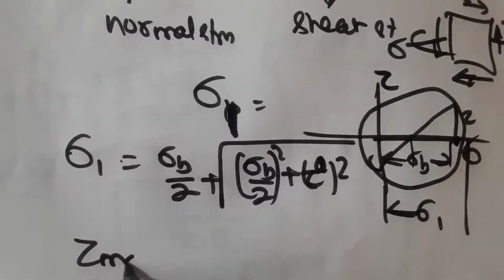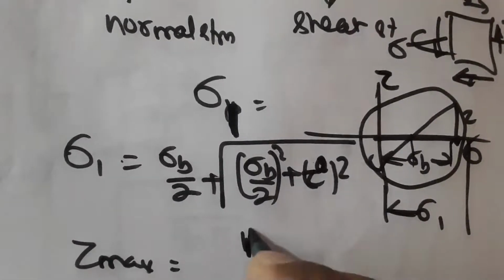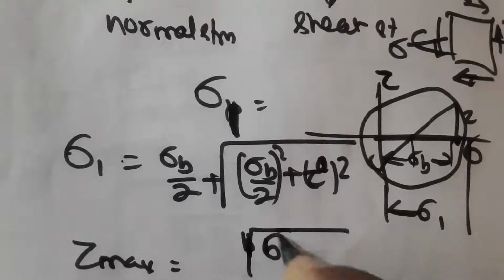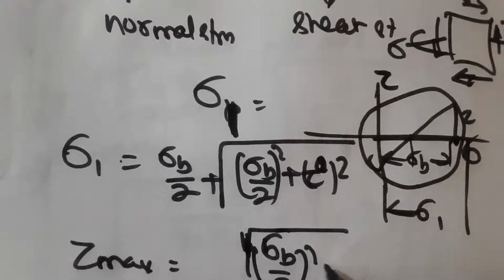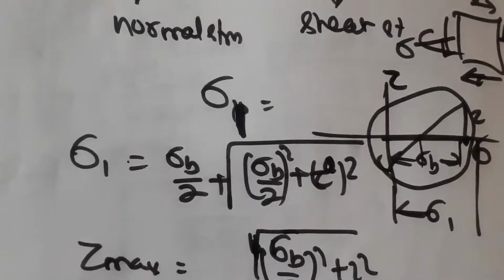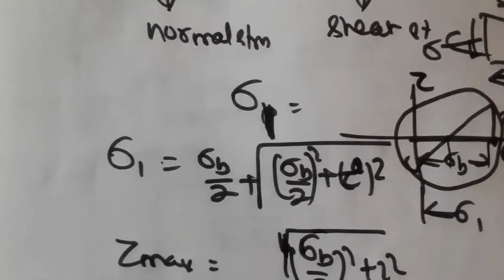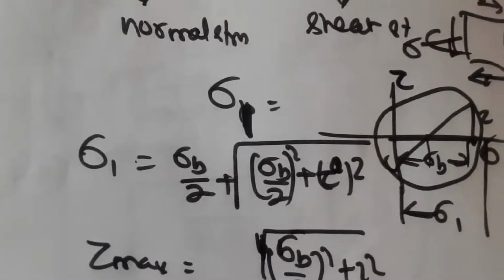And tau max in this case will be equal to the radius, that is the square root of (sigma b by 2) squared plus tau squared.